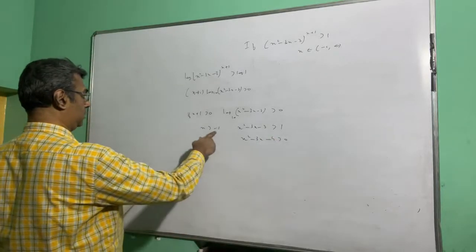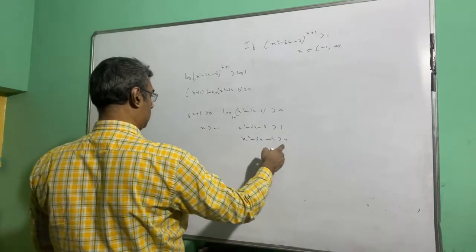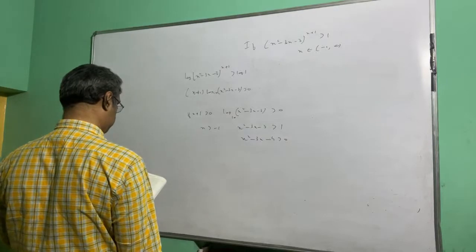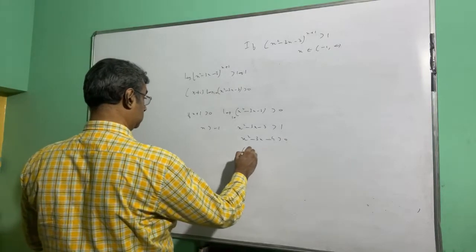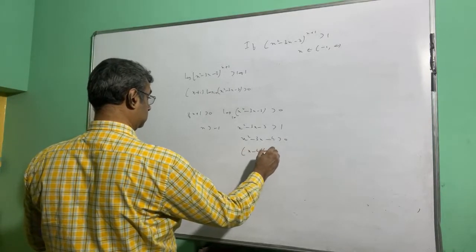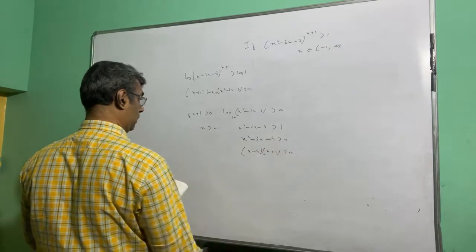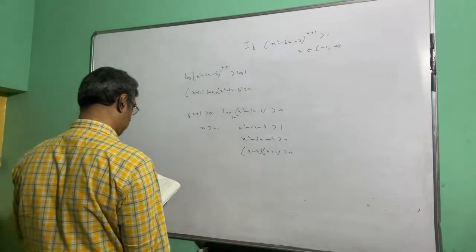So either x is more than minus 1 and x square minus 2x minus 4 is greater than 0. So (x minus 4) into (x plus 1) is greater than 0.